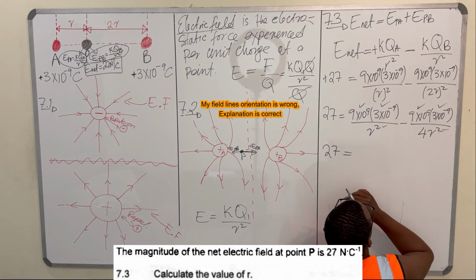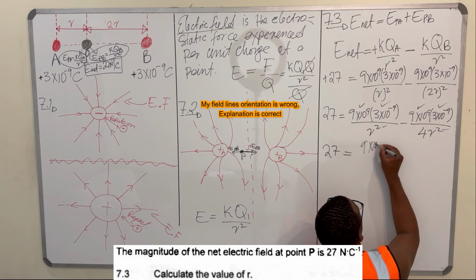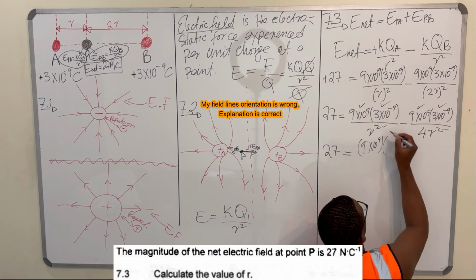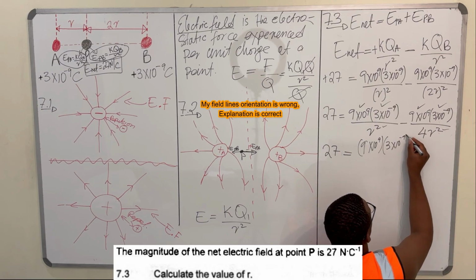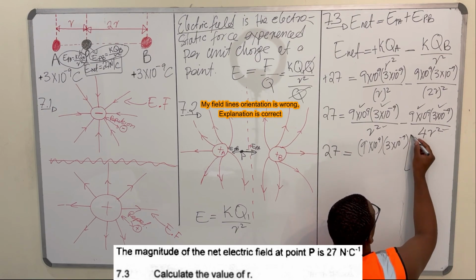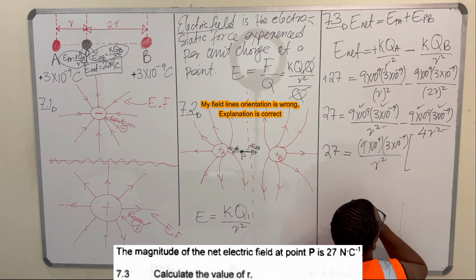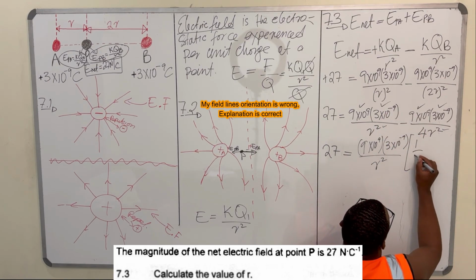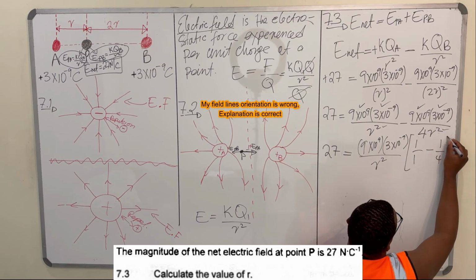So I'll say 9 times 10 to the power 9 times 3 times 10 to the power negative 9. What am I left with? I'll take r squared as a common factor at the bottom, and then here I'm left with 1 over 1 minus 1 over 4.